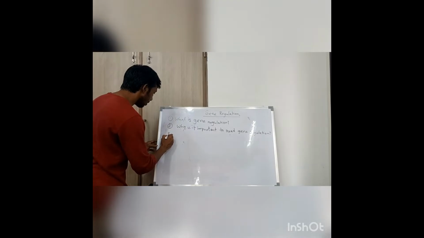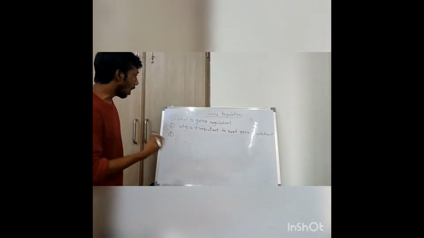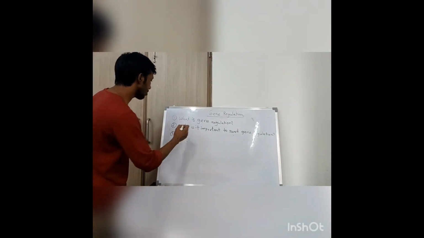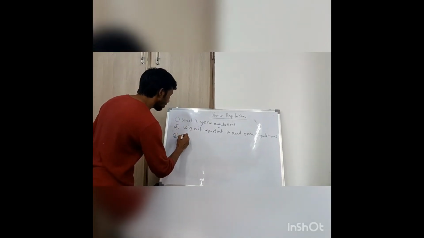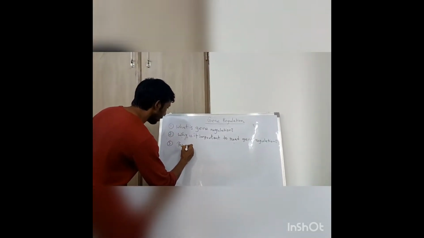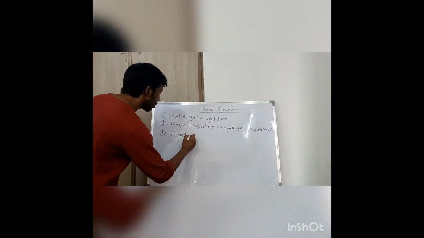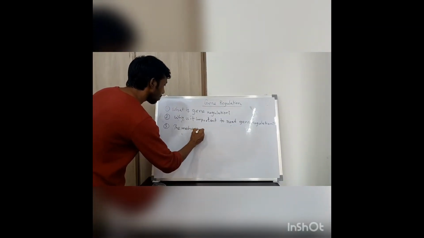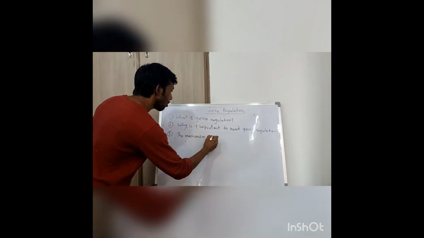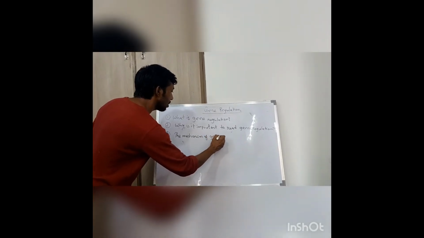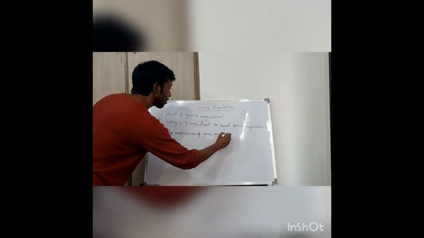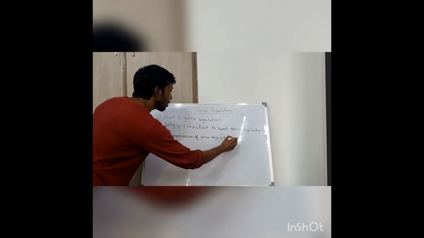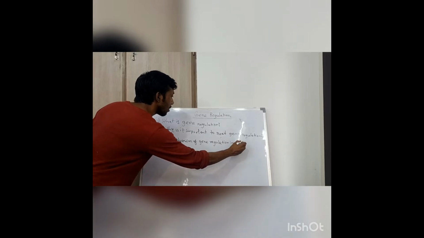The third question is how gene regulation occurs in the cell, meaning the mechanism of gene regulation in a cell.